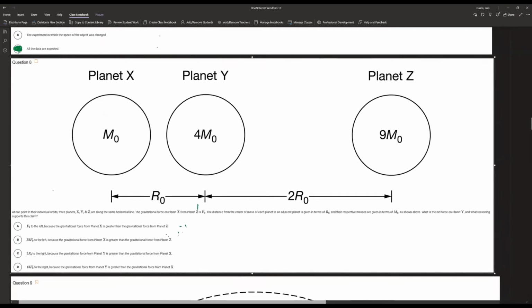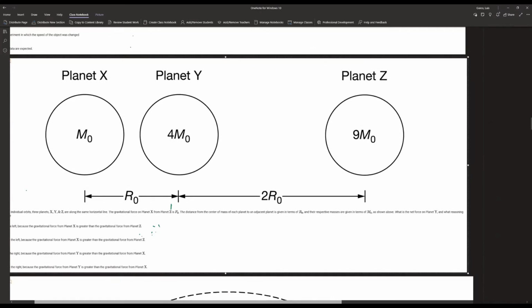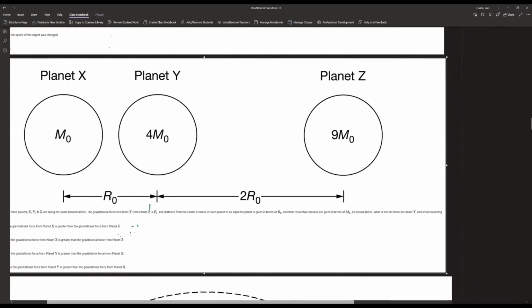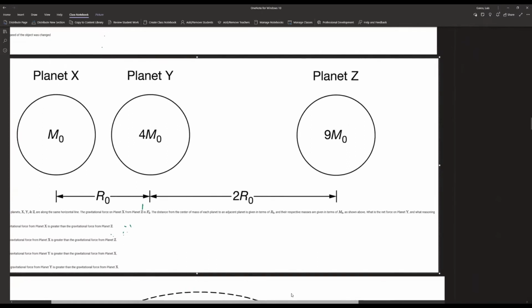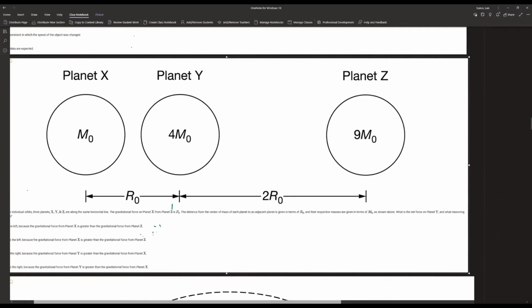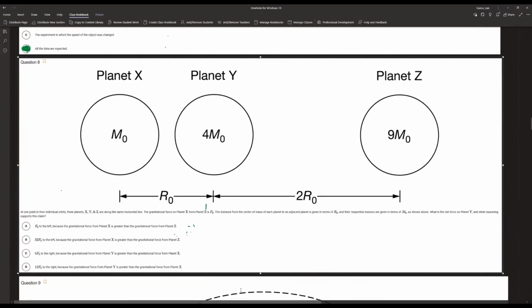The distance from the center of mass of each planet to an adjacent mass is given in terms of R original, and the respective masses are given in terms of M original as shown above. What is the net force on planet Y, and what reasoning supports this claim?